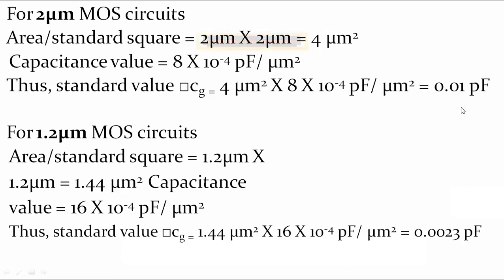From this square Cz value and the sheet resistance value, if you multiply the two, you will get a delay.